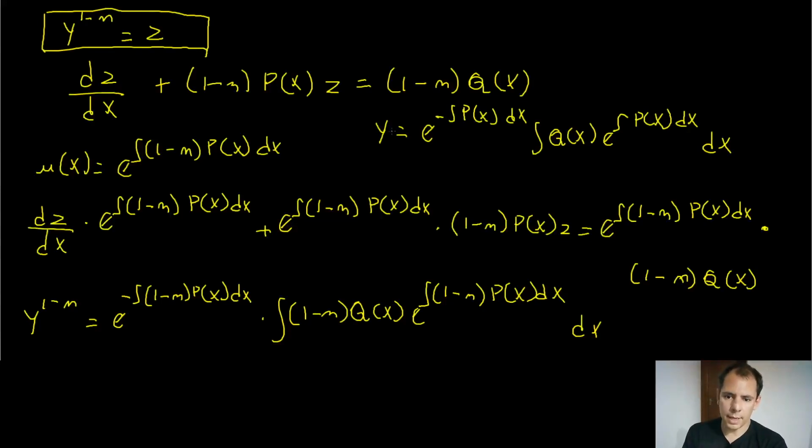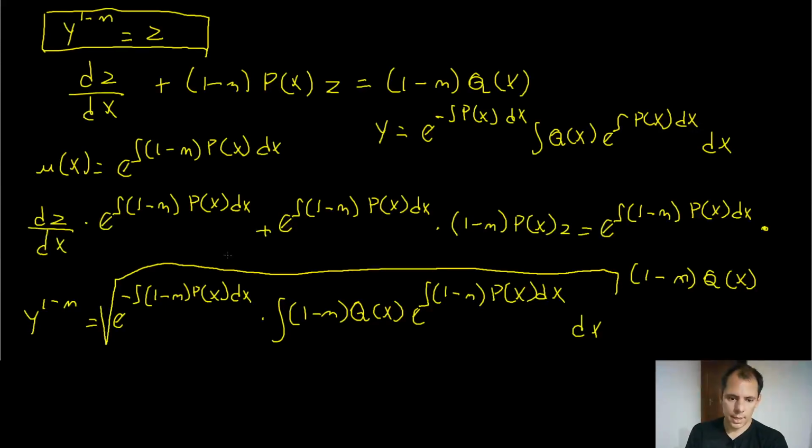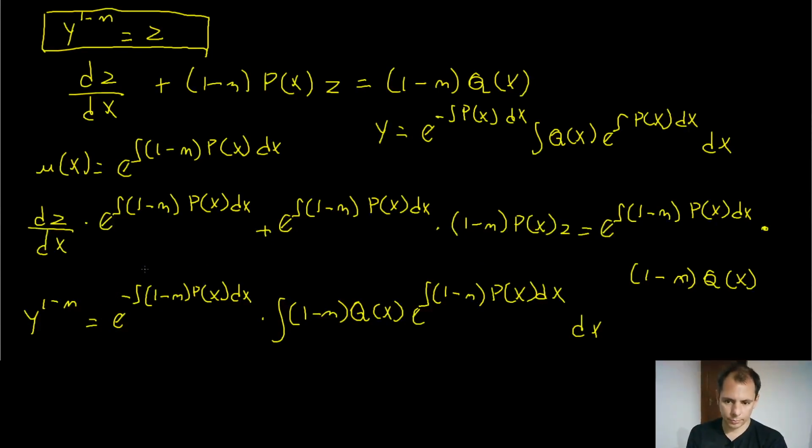But here's the thing, now that we're messing with this, in the end, because you want to know what y is, you're going to have to take the root. It's not the square root. It'll be the 1 minus nth root of everything, okay? So in the end, in order to find out y, you have to do something like this. A big root and the index here is going to be 1 minus n. That's the way that you actually find out what y is.